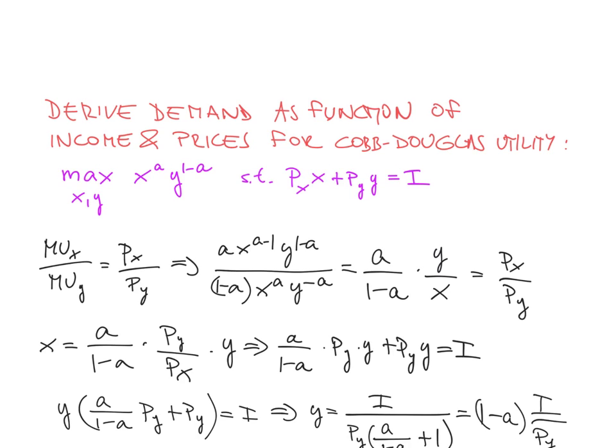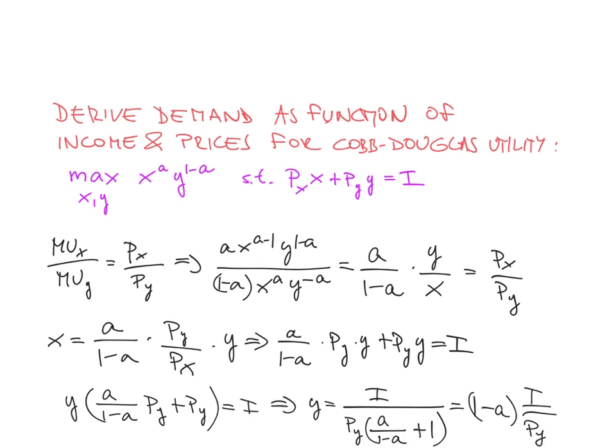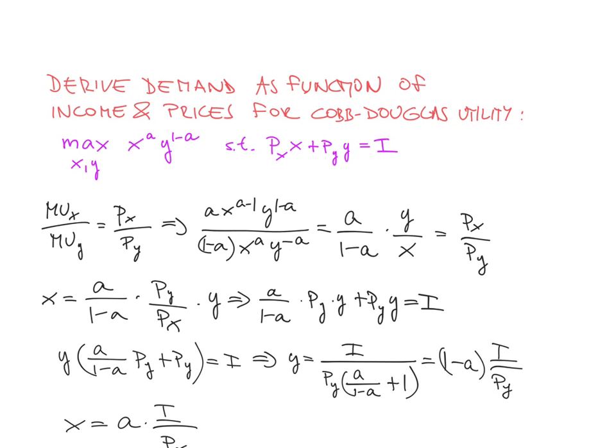Okay, and that's important to remember, because at this point, you might be a little confused, and you might think, well, maybe I found the solution. Maybe I wanted to solve for income. Or maybe, no, I haven't yet. Maybe I want to solve for the price of y. None of those. You want to solve for y because the consumer is maximizing by choosing x and y. Okay, so solve for y.